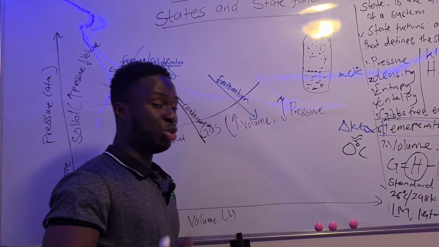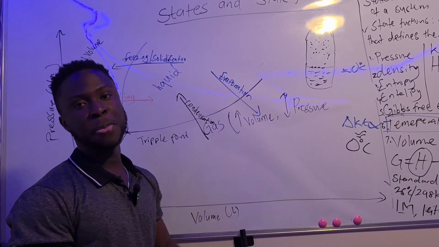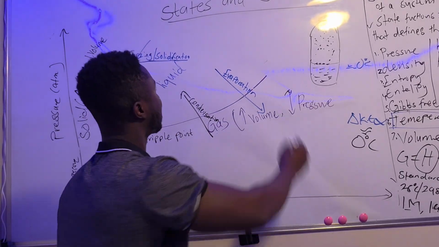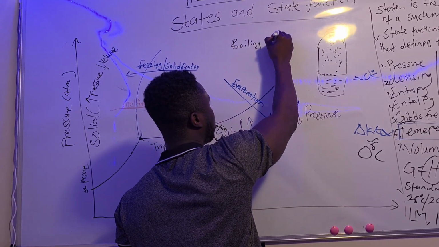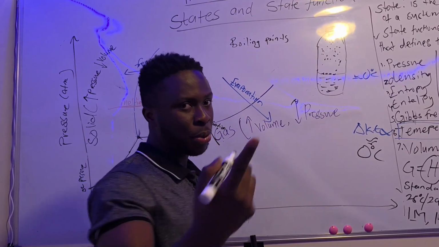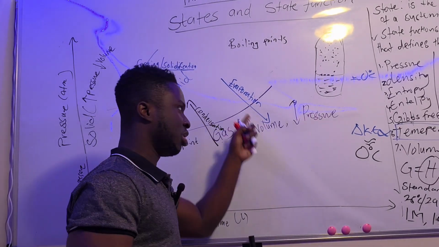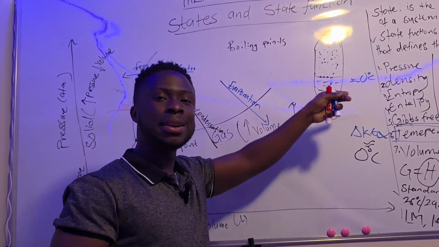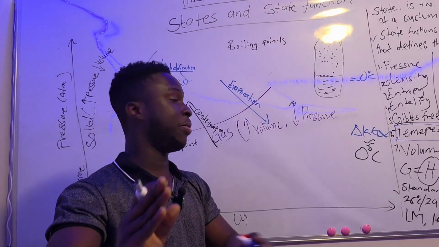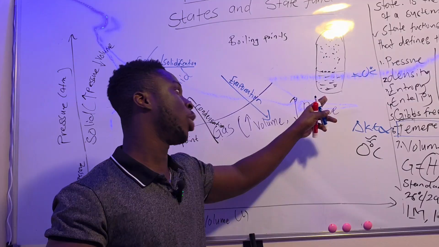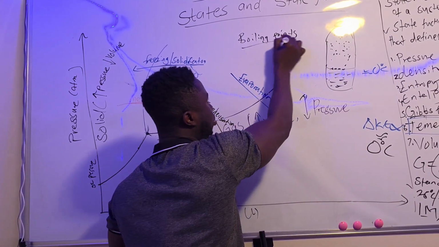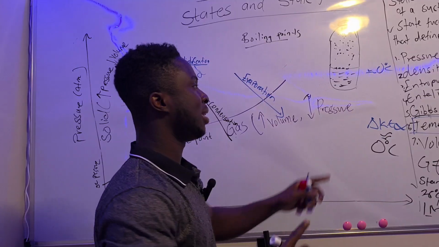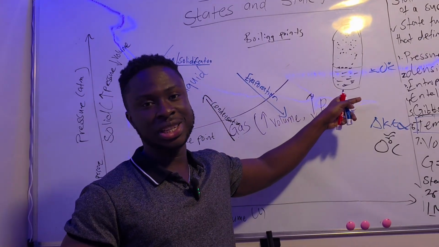One thing that I want to note before we move away from here is the introduction of boiling points. Right now, as I was explaining the evaporation, I said we do not care about where the water is gaining its energy from. But the boiling point is where the introduction of that energy comes in.